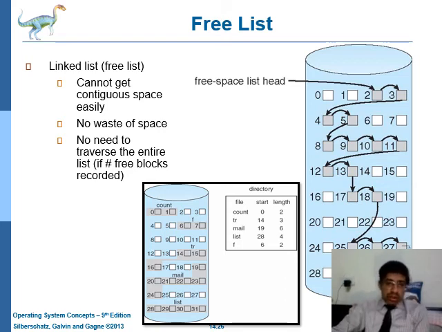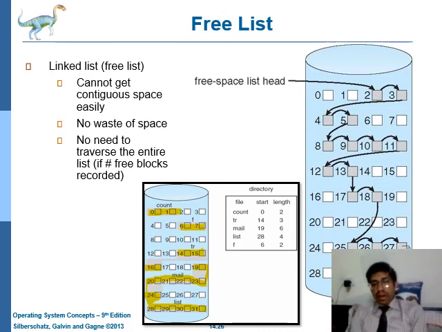I hope you can recall the actual allocation of the previous files. One file was allocated to block numbers 0 and 1, another to block numbers 6 and 7, a third file from block number 14 till block number 16, the fourth file from block number 19 till 24, and one file from block number 28 through 31.